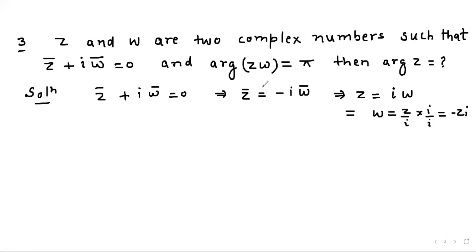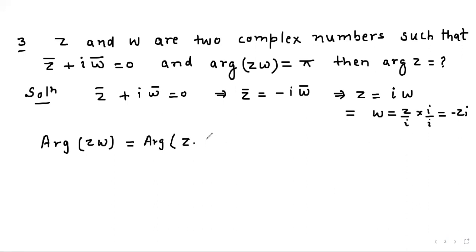Now we consider arg zw equal to pi. So arg zw equal to arg z times w, but w equal to minus zi.